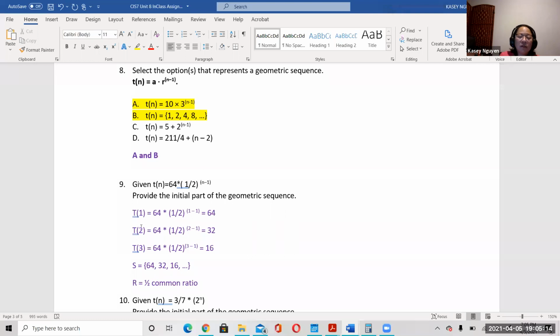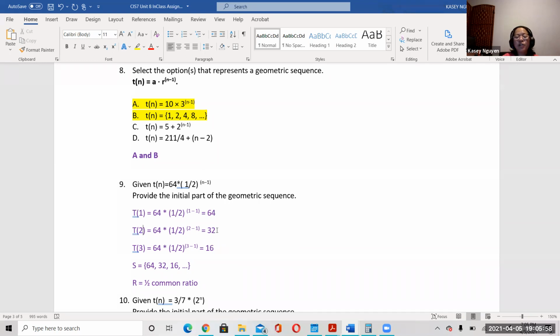T of 2, 64 times 1/2 raised to 2 minus 1, which is here in the exponent, that will be 1. 1/2 to the first is 1/2, and 1/2 times 64, that will be 32. T of 3, we would have 64 times 1/2 raised to 3 minus 1. And so 3 minus 1 exponent, that will be 2. 1/2 to the second, that will be 1/4 times 64, that gives you 16.